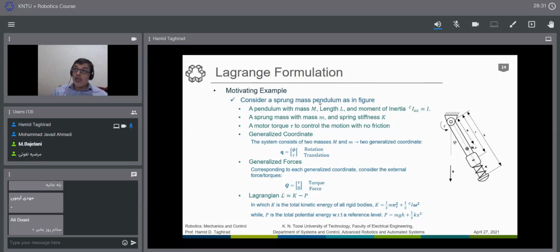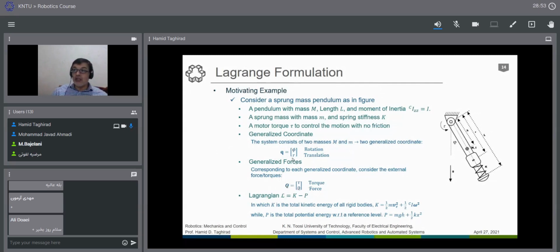But these 2 are along the Q, the big Q, the generalized forces. We call it generalized. Why? Because the generalized force is denoted for both forces and torques, and we don't consider that separately or differently. We consider that all in one vector.